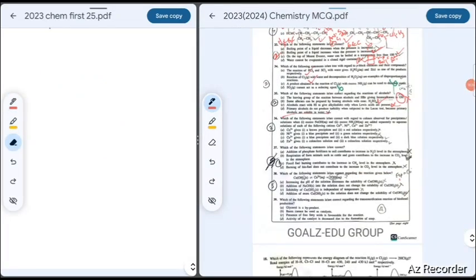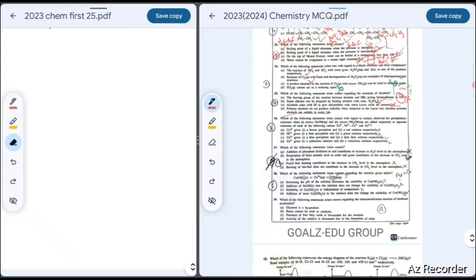36th question. Which of the following statements is correct with regard to the colors observed for precipitates or solutions with excess sodium hydroxide and excess ammonium hydroxide when they are added separately to aqueous solutions of each of the following cations: cobalt 2 plus, nickel 2 plus, copper 2 plus and zinc 2 plus.